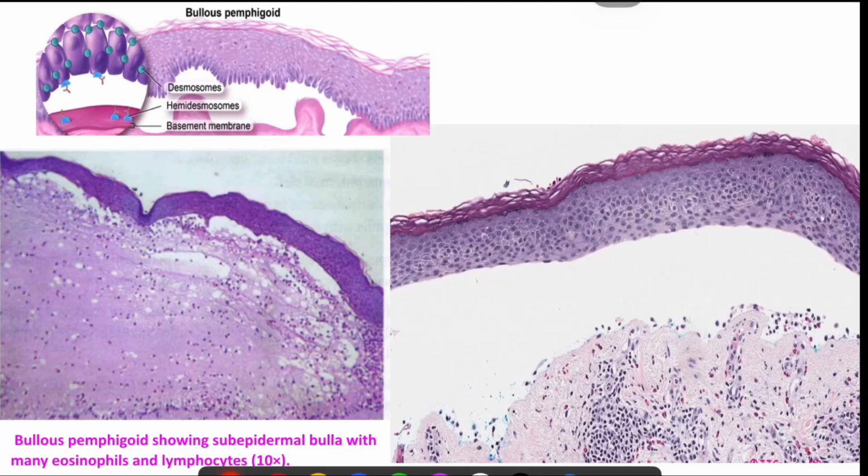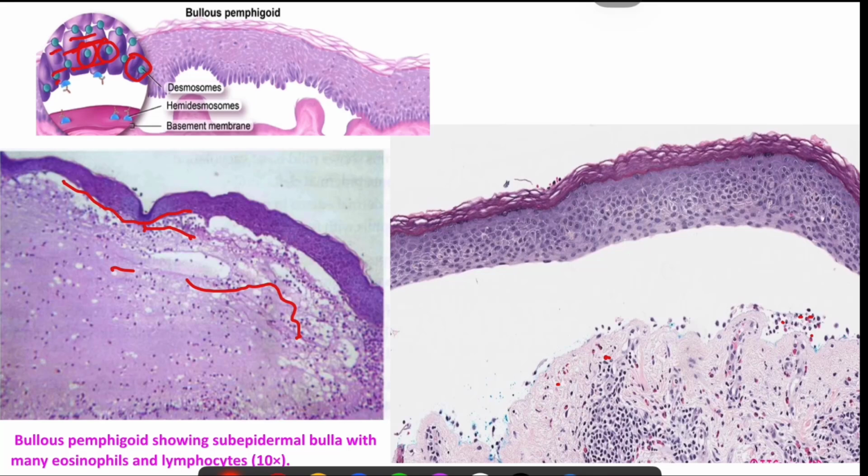So bullous pemphigoid, here the junction is separated between epidermis and dermis, with marked edema in the dermis, and eosinophils are seen in the superficial dermis, and here you can see these desmosomes are normal. So keratinocytes are adherent to each other normally.